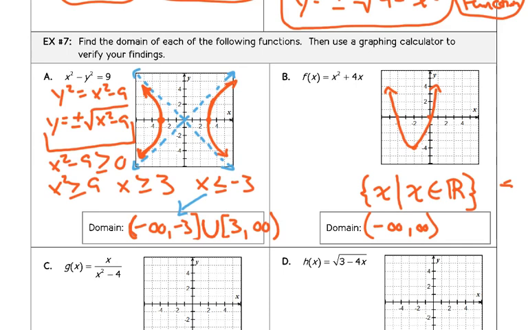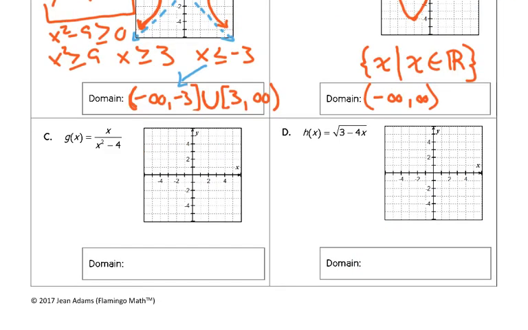We go from the left, from negative infinity. Where does my graph here end? Does it end or jump at any point? No, it keeps going. It looks like it keeps going forever to the right. So it goes forever from the left, and it keeps going forever to the right. So it's all values. This is what we got right here. Everything from negative infinity to positive infinity.